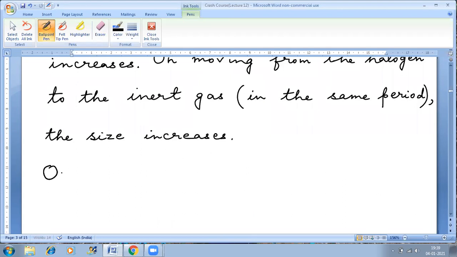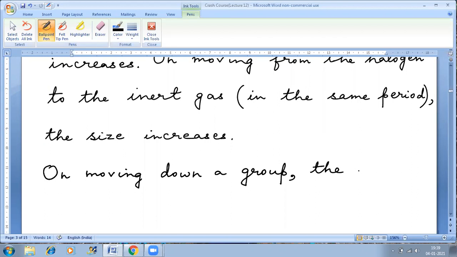Next, on moving down a group, the size increases as the number of shells increases.